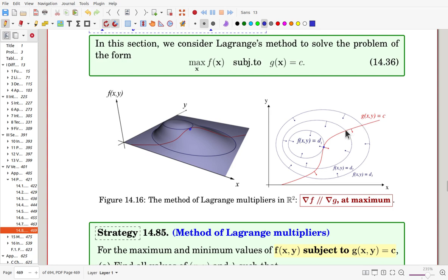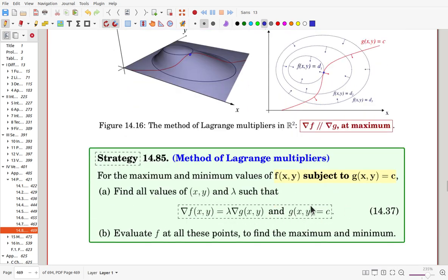And g of x, y equals c, again normal. But this level curve and this constraint are tangent at this point, so the gradients must be parallel. It can be the opposite direction, however, they must be parallel. So we have such a conclusion: the gradient of f is parallel to the gradient of g at the maximum.